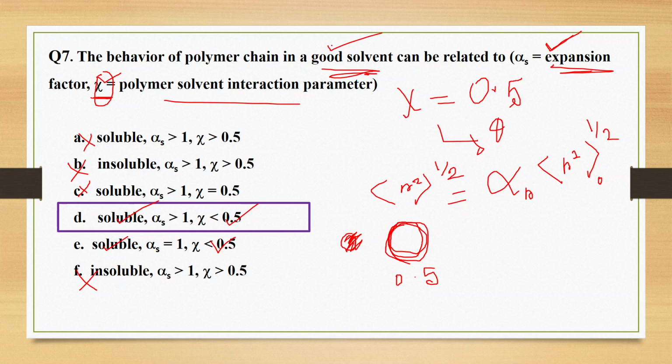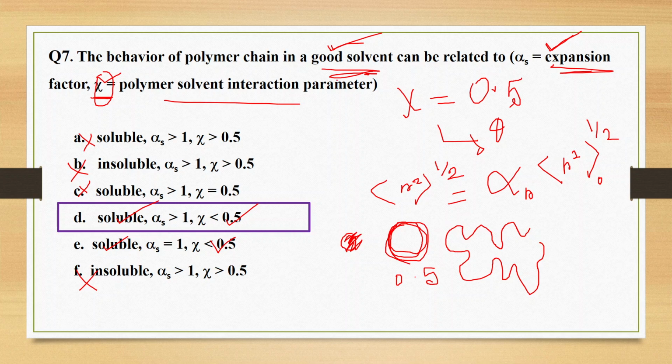But the question was for a good solvent. Whenever it is a good solvent, the polymer segments are interacting with the solvent molecules properly. So the chain is now kind of opening. There will be an expansion overall, in the root mean square value or hydrodynamic volume or anything, right?